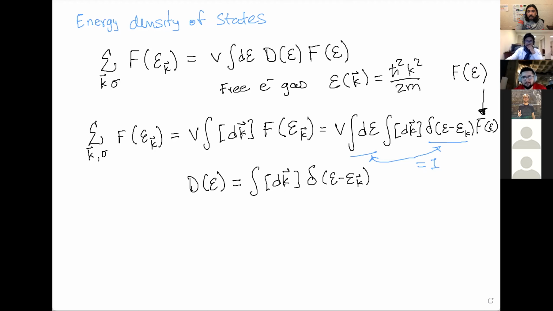All right, so now let's go back to the free electron gas. Let me clear this up, and talk about the free electron gas again. So let me start with the definition that we just figured out.